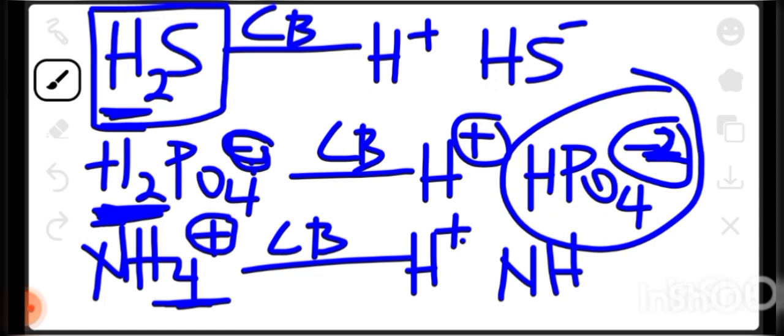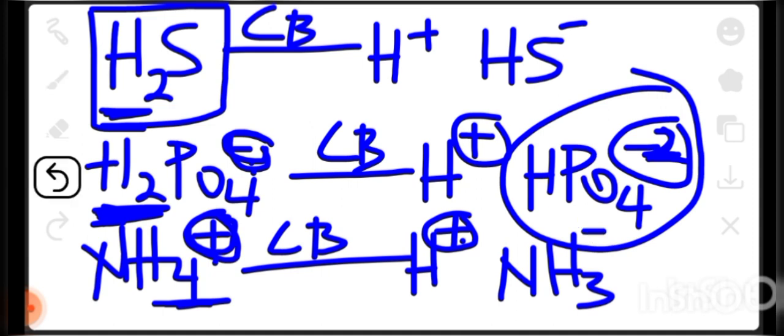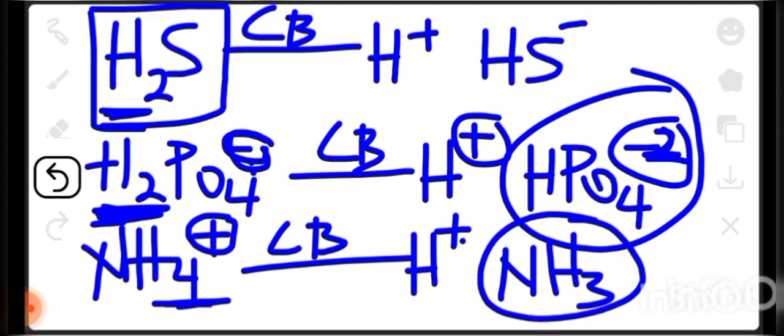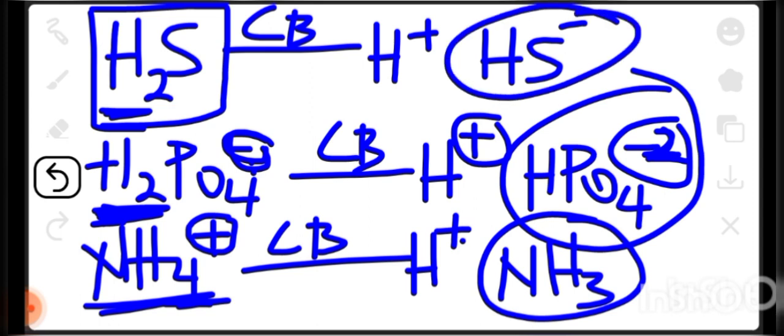How many H will be left? H3. So don't go and add minus again, because we already have plus in this place, and this plus we just balance that. So don't go and add minus to this place again. It will not be valid. So just leave it like that. So this will be the conjugate base of this acid.